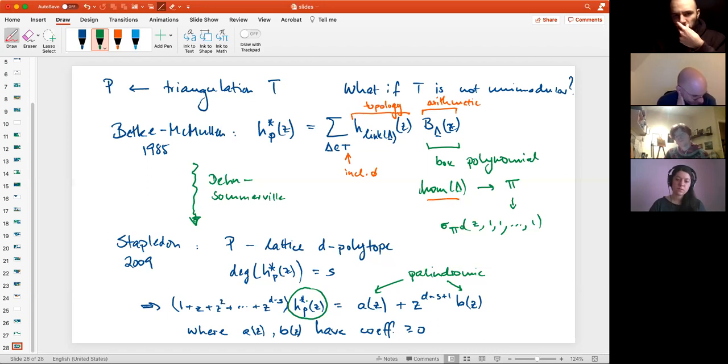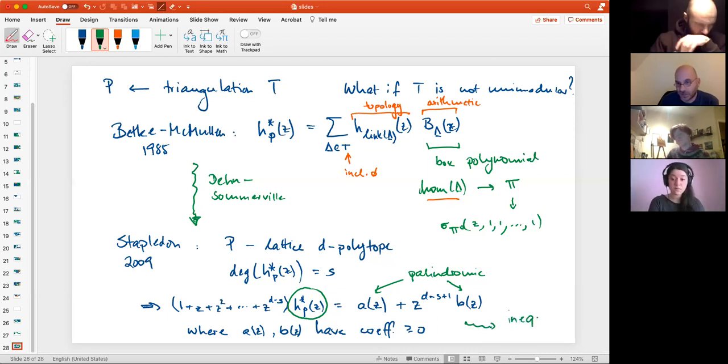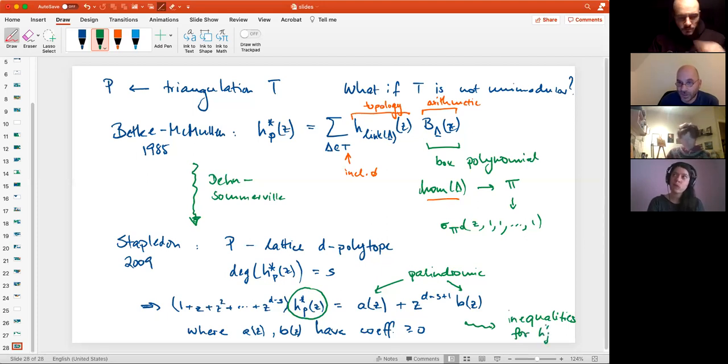And in fact, if you unravel this, you get some inequalities, right? And this is actually straight out of the theme of my lectures. So you get some inequalities for the H star coefficients. You just translate what it means that A has non-negative coefficients.